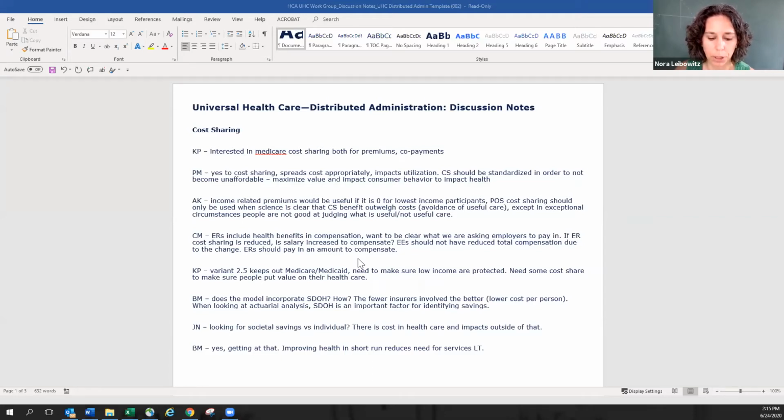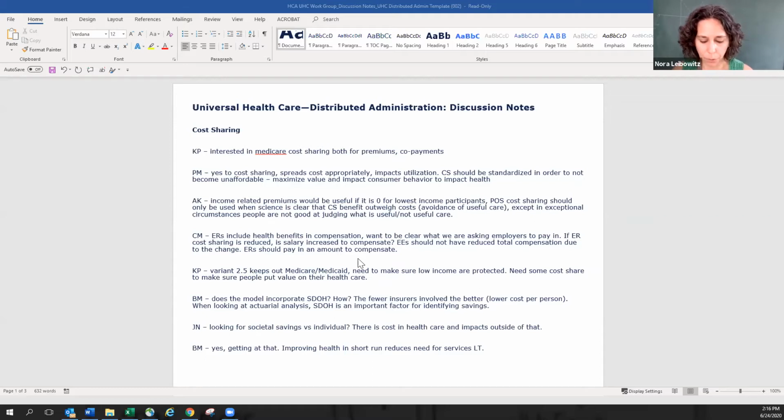The model partially protects the existing infrastructure, jobs, technology, boots on the ground experience, et cetera, but also preserves the existing market fragmentation. So this is one of the 2 universal coverage models. It's the one that keeps insurers.